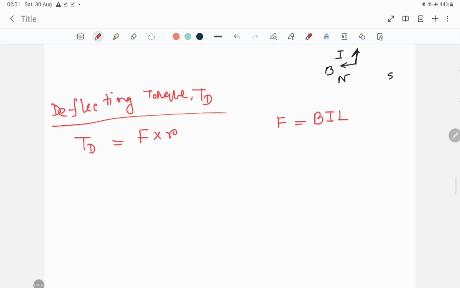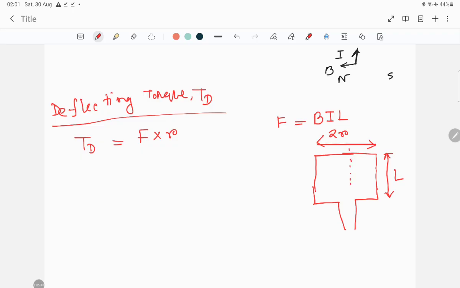Okay, now if we look into the coil turn, this is the length, that is L, and this is the total radius, that is 2R.